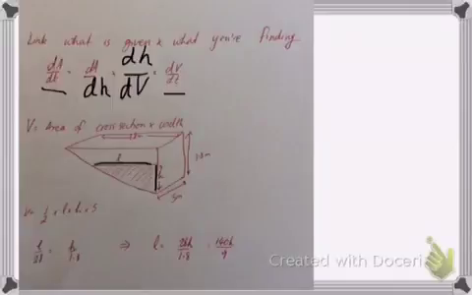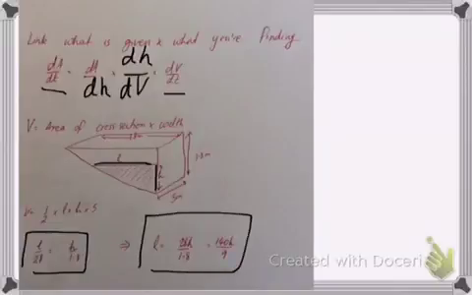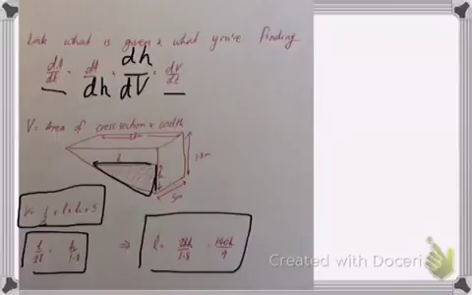Now, using similar triangles, we can say that L over 28 is equal to H over 1.8, and from that we can rewrite L to be in terms of H, because volume is area of cross-section times the width. So I've got here the formula for volume, half times length times height, which is the area of this triangle here, times by the thickness of the swimming pool, or the width of the swimming pool.